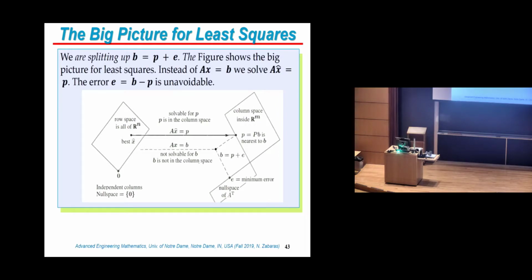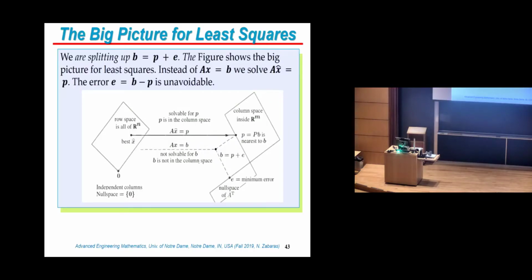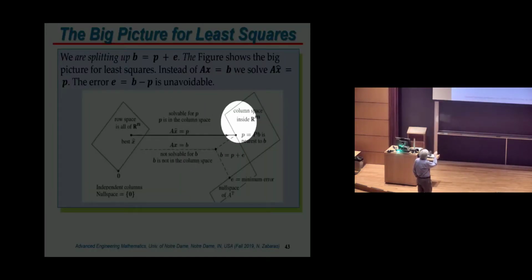I can solve this problem. You remember it was in your homework also, you had one problem that says, for what vectors B is there a solution, wasn't it? And the answer was, yeah, that vector has to be in the column space.